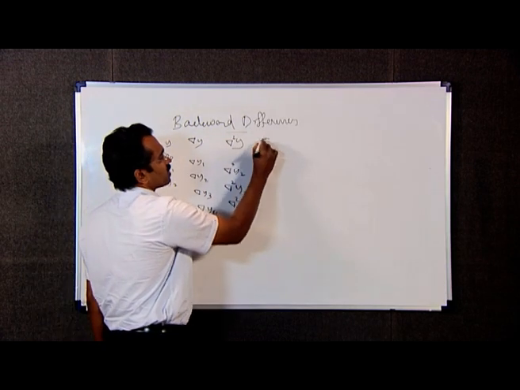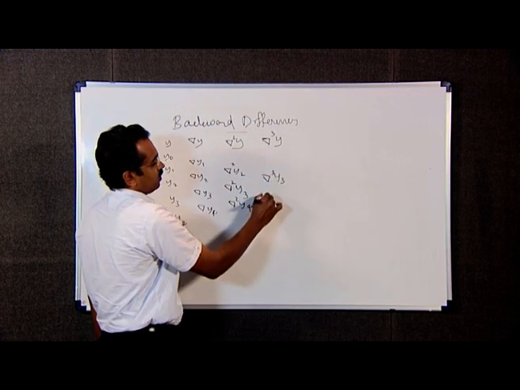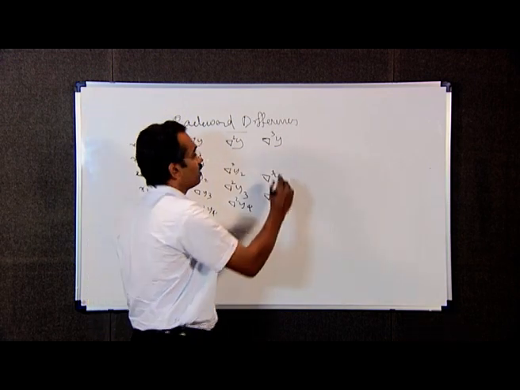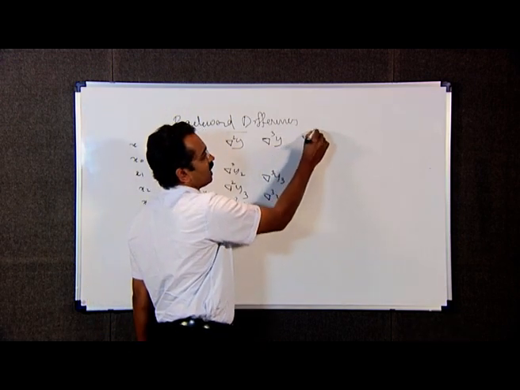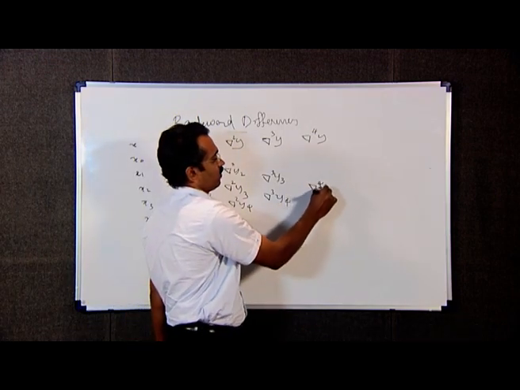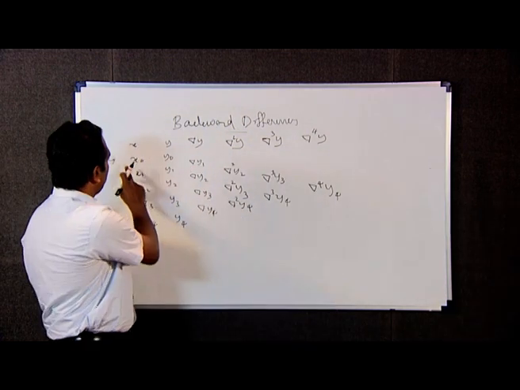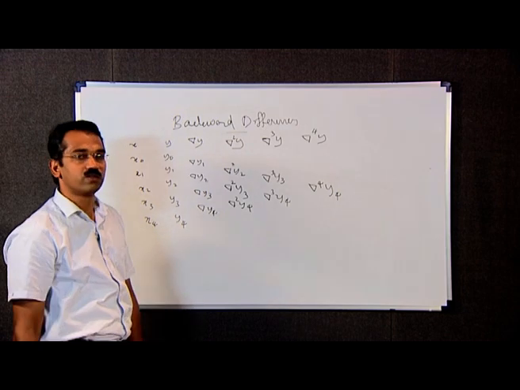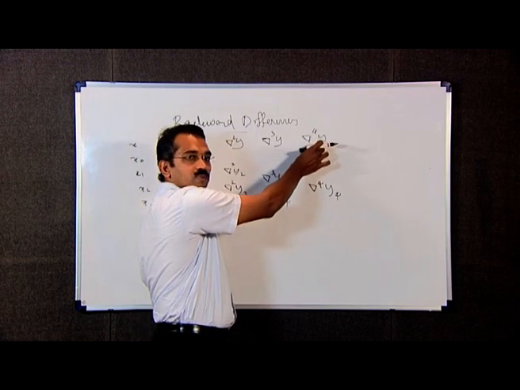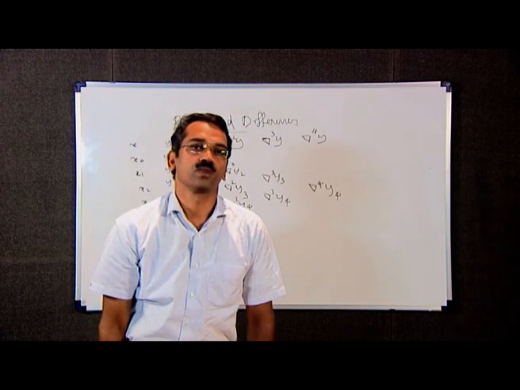The third differences are del cube y3, del cube y4, and the fourth backward difference is del raised to 4 y4. Here 5 values of x and y are given. Therefore, up to fourth backward differences can be written.